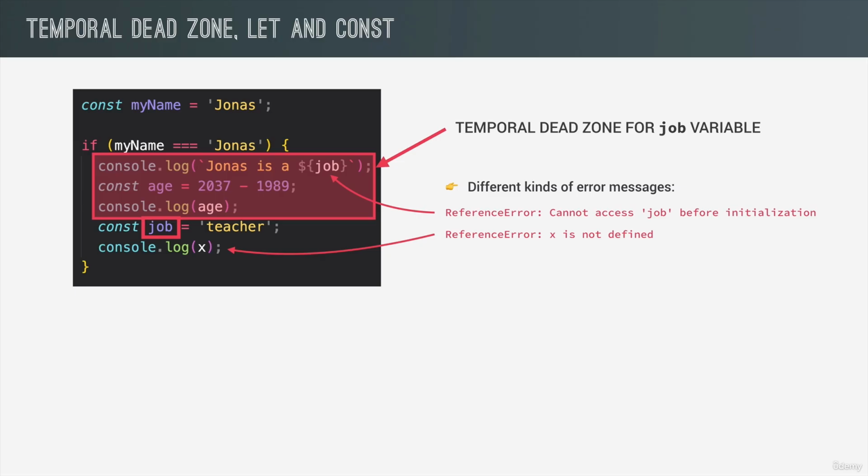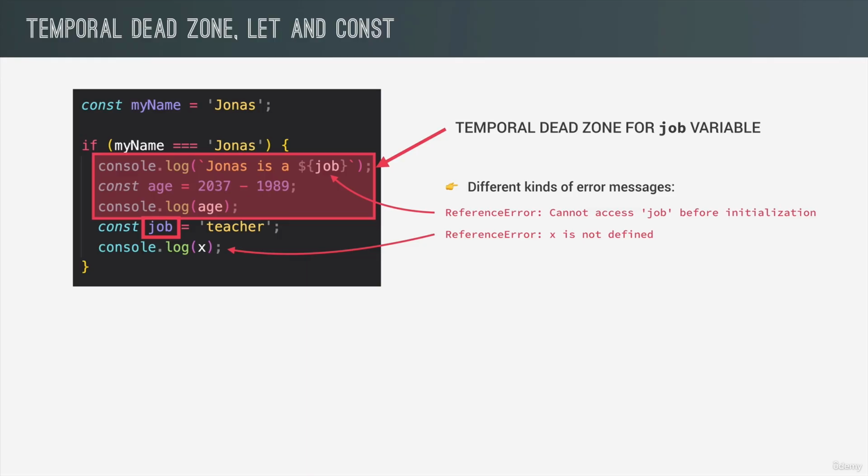What this means is that job is, in fact, in the temporal dead zone where it is still uninitialized, but the engine knows that it will eventually be initialized because it already read the code before and set the job variable in the variable environment to uninitialized.